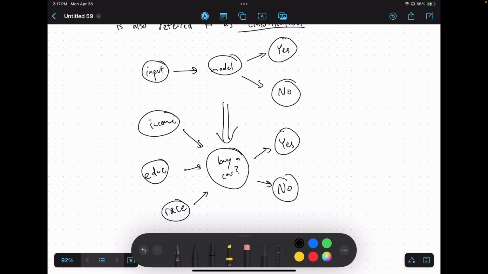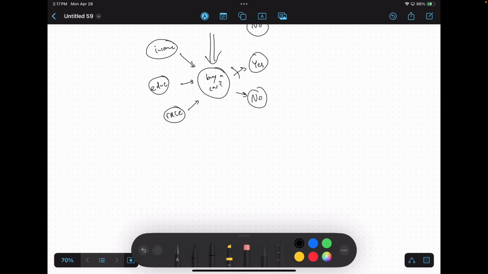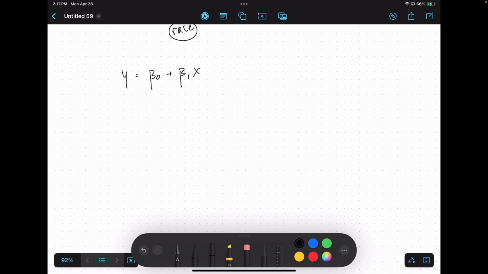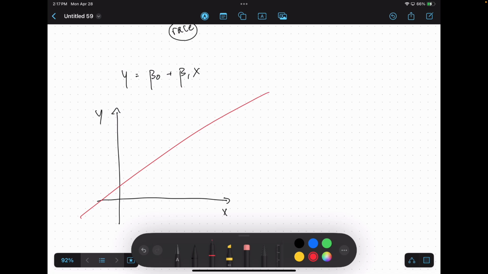Okay, so let's first start off. Why have a different sort of regression form for this type of problem? Why not just run a linear regression? Okay, so if I have y equals, let's say, beta 0 plus beta 1x, we would have something that looks like this, x, y, and maybe we would have some regression line like this.